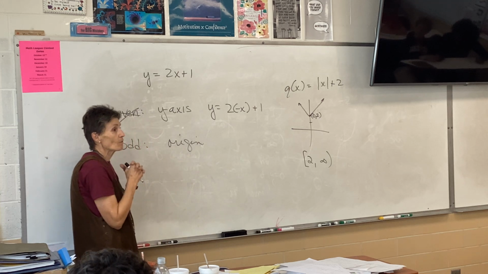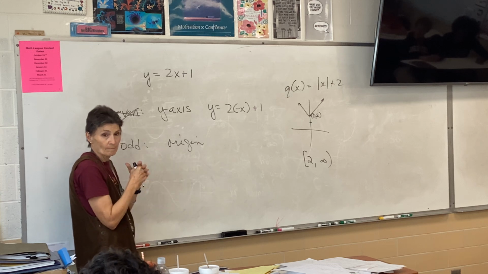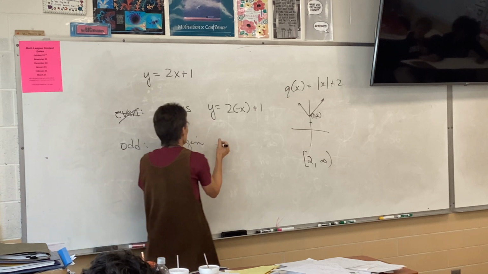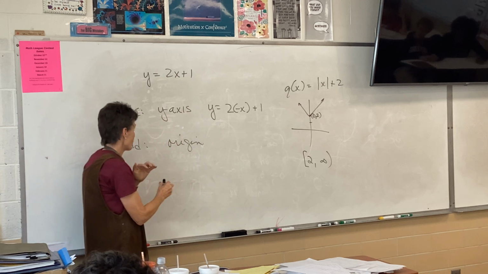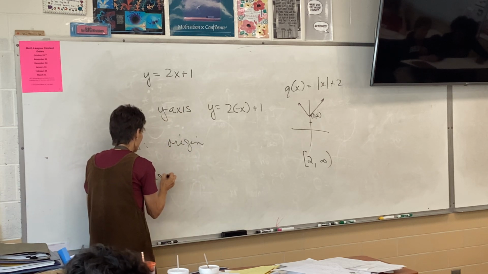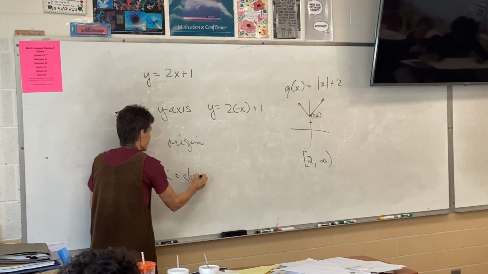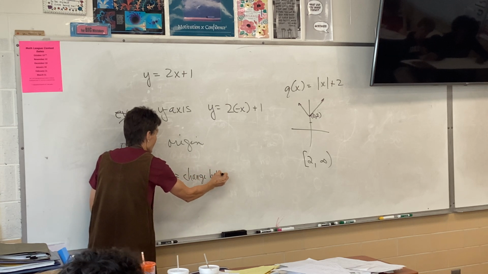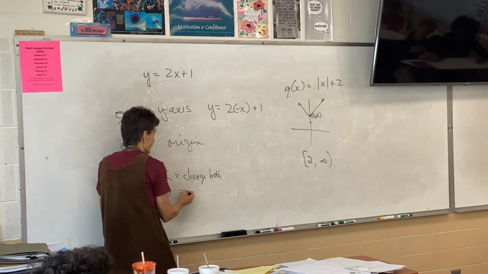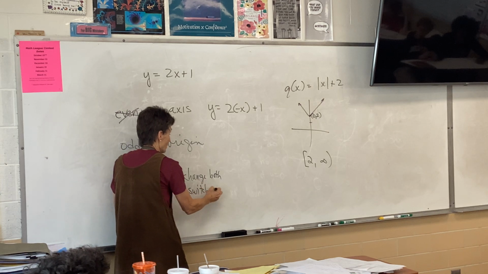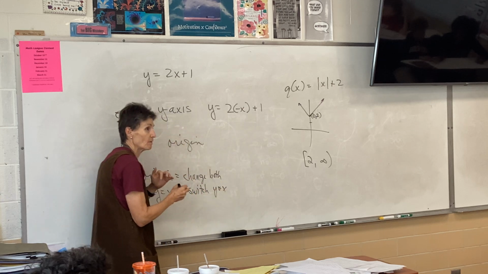What's the test for odd? Origin. Change both. Some of you got that confused, so for origin, we change both sides. What do we do for y equals x? We switch y and x, yeah, you switch the variables.